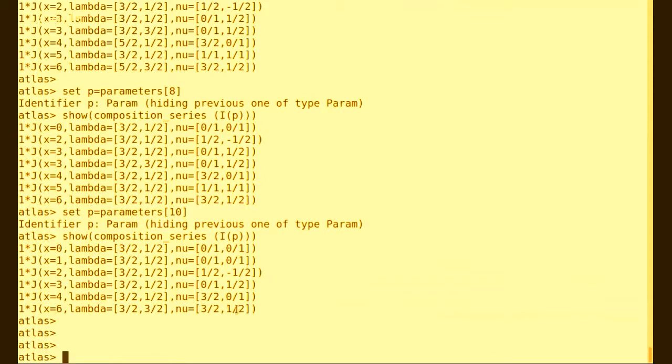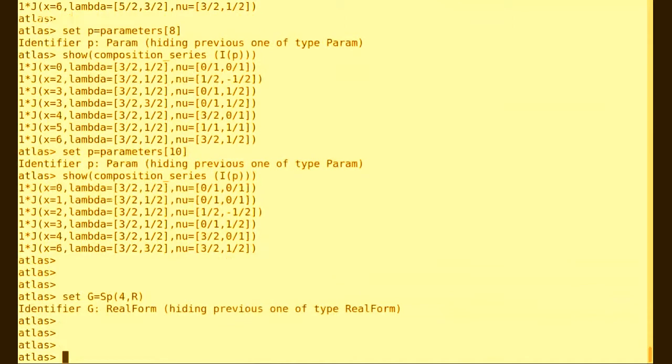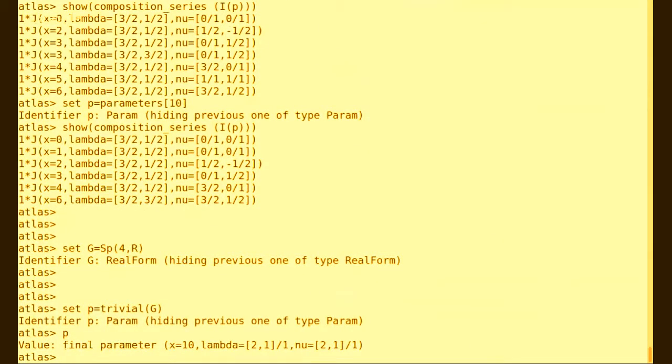So let's do a little bit more experimenting. Let's go back to SP4 and let's do a little experiment. Let's set P to be the trivial of G, and there it is.